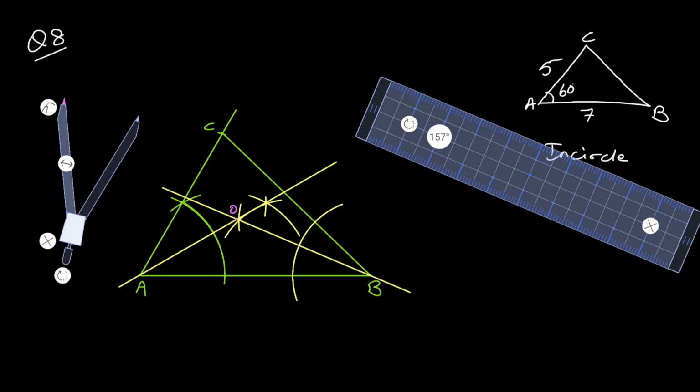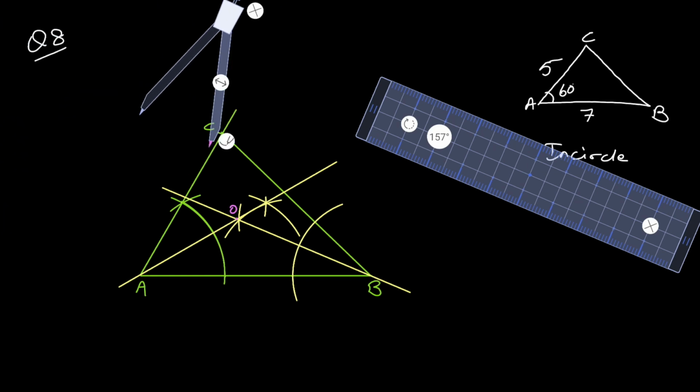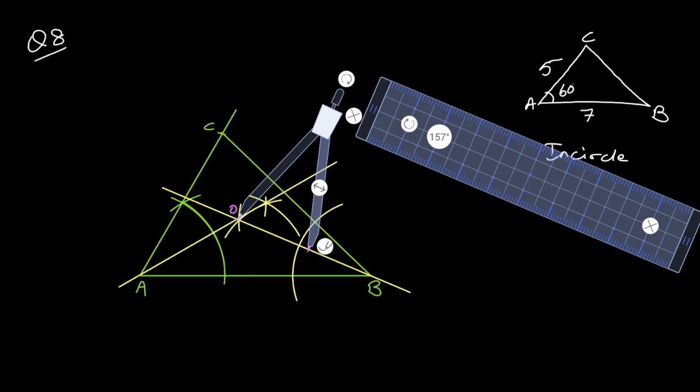Now you have to find the radius of this circle also for the incircle. To find the radius of the incircle, you need to drop a perpendicular from the center point to any one side, from a point to a line or line segment. How to drop a perpendicular? Place your rounder at the point from where you want to draw a perpendicular.